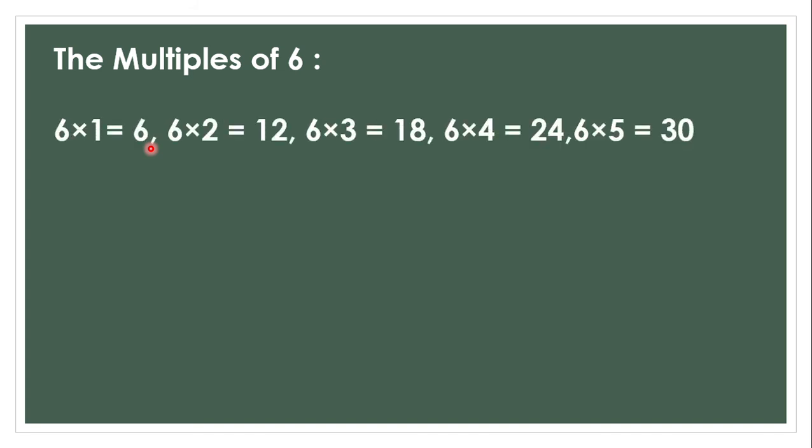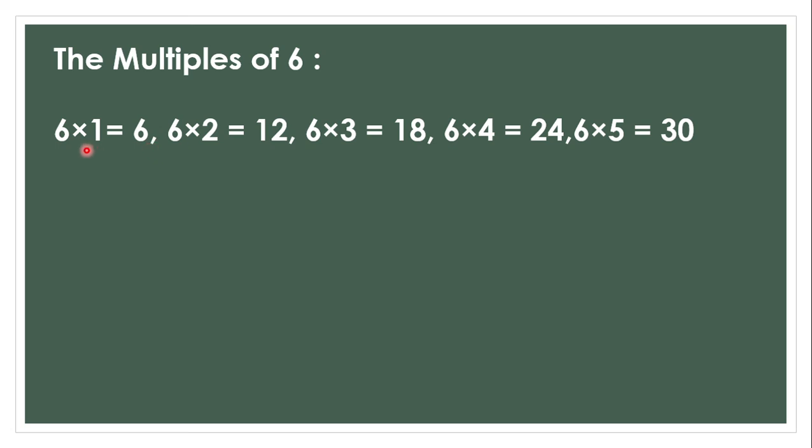So next we will see about the multiples. Okay, the multiples of 6. If you know the tables, it is very easy to write the multiples. So 6 ones are 6, 6 twos are 12, 6 threes are 18, 6 fours are 24, 6 fives are 30.